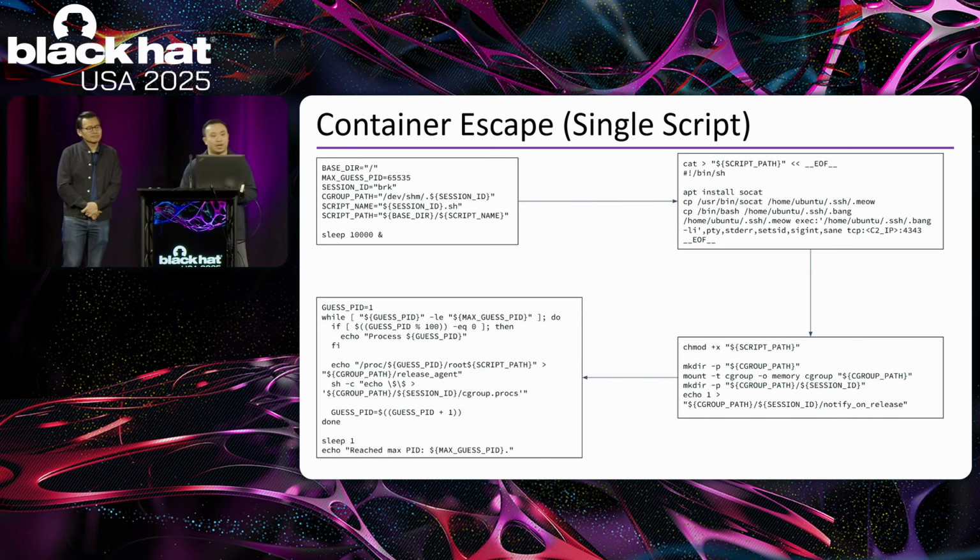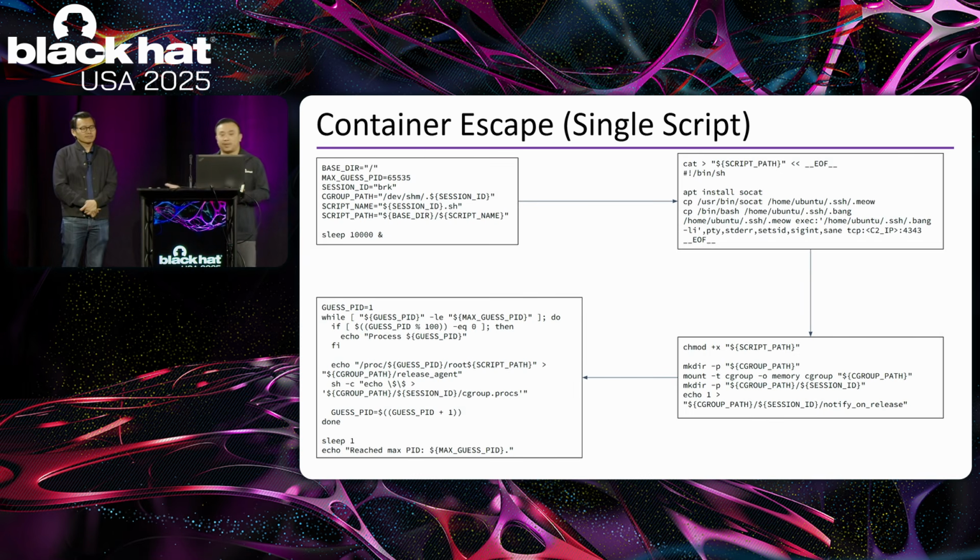In this case, I created a unique session called brk, prepared to store the exploit script in .brk.sh, and used /dev/shm/brk as the cgroup mount point. Then it launches a background process so that there's something to kill within the cgroup later. This is actually required to trigger the release agent.